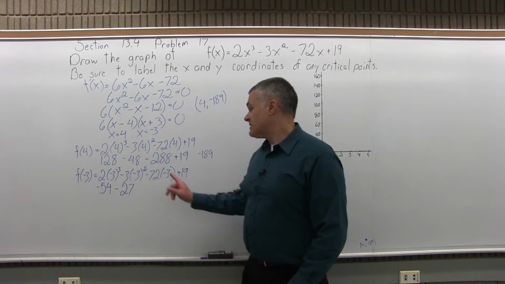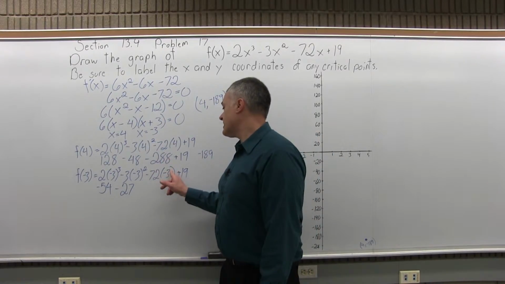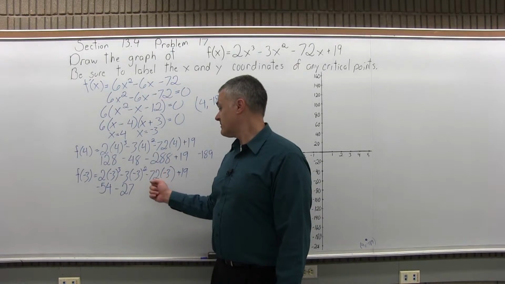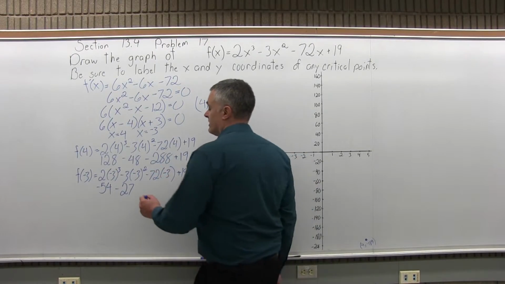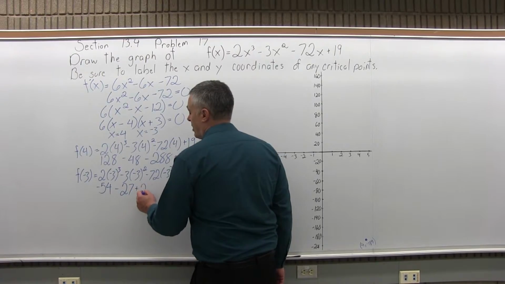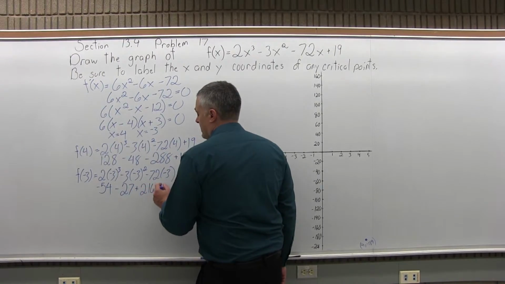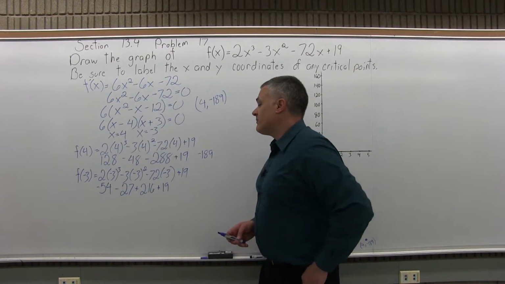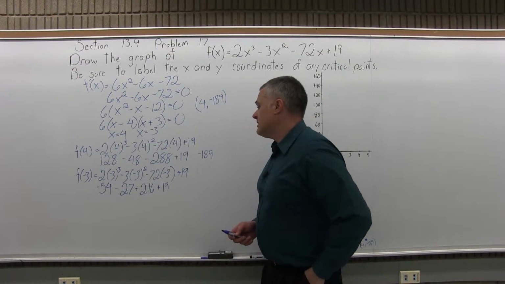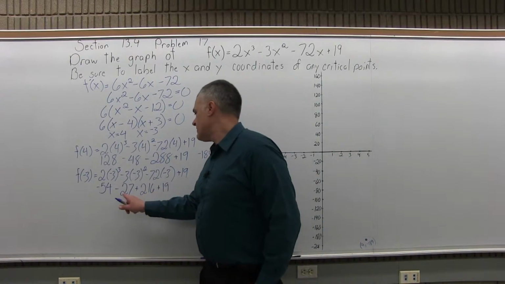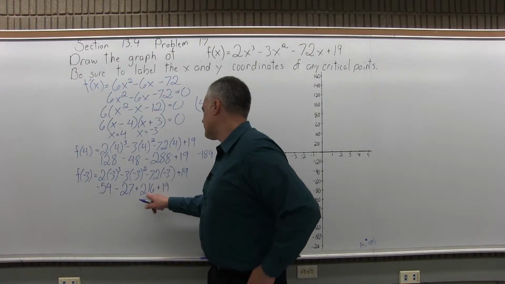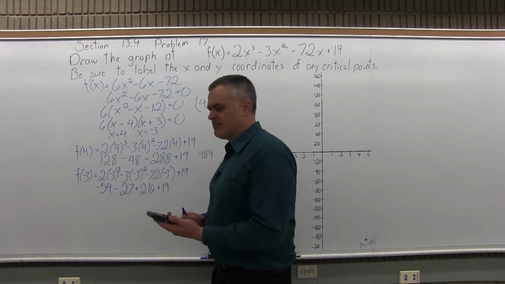And the next piece, negative 72 times negative 3. Again, with the negatives, negative times the negative becomes positive. 72 times 3 is going to give me 216, and it'll be a positive 216. And on the end, just plus 19. Now, again, I could add that up easy enough, but I'll cheat a little bit.